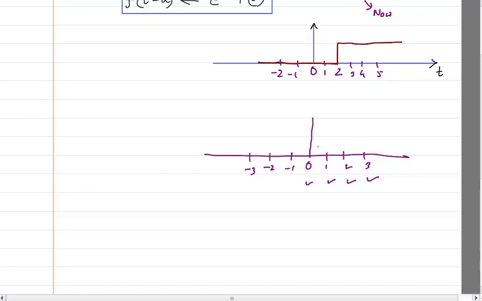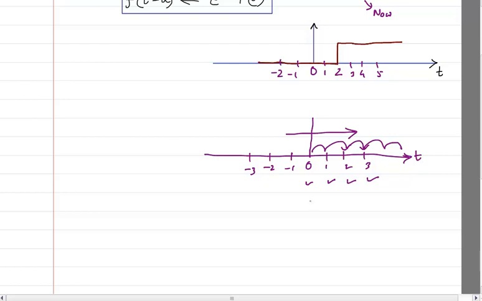So this is happening at a later time. After 0 second comes 1, after 1 second comes 2, after 2 second comes 3, then 4, then 5. So as time is progressing, we are moving in this direction.